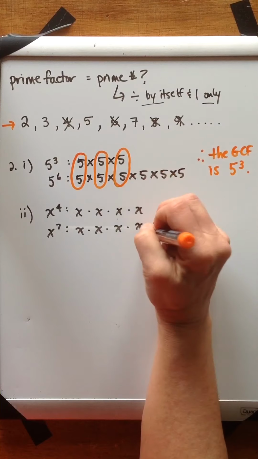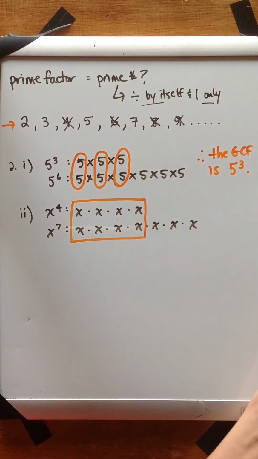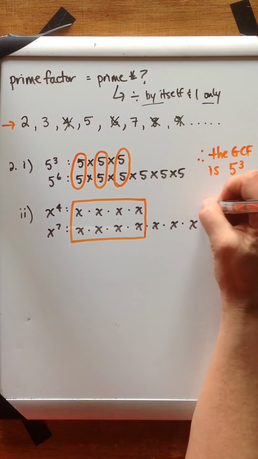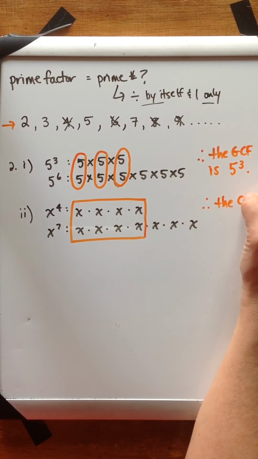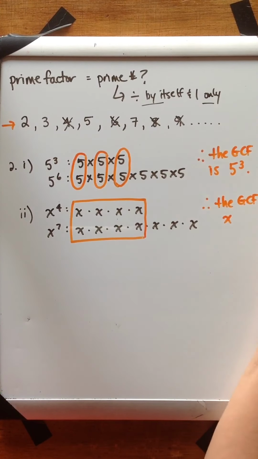And now the comparison is easy. We can see that they have 4 x's as prime factors. And so therefore, the greatest common factor for x to the 4th and x to the 7th is x times x times x times x, or just simply x to the 4th.